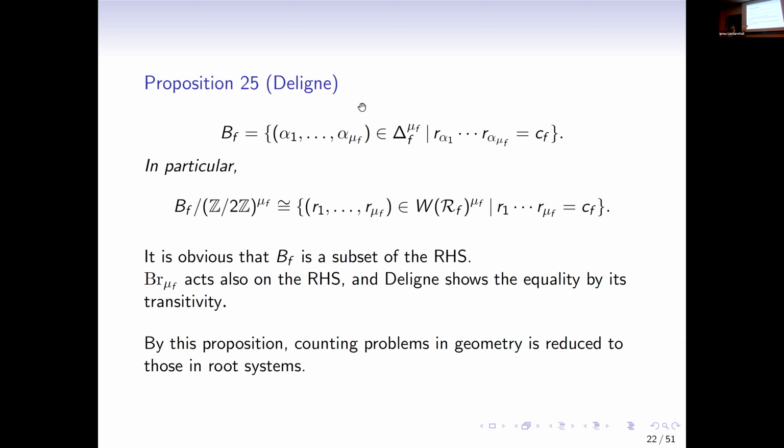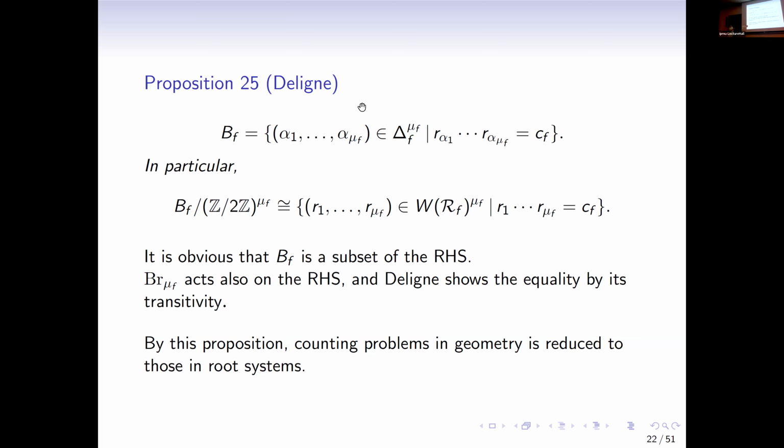This means the right hand side is a subset of the left. So if we consider the ordered tuple of roots satisfying this condition, then it defines a distinguished basis. This is the homological categorification of the distinguished basis.